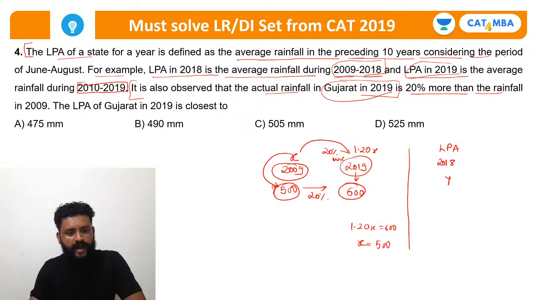If it is y, then if you increase it by 25%, if the deviation is 25%, it will be 1.25y.